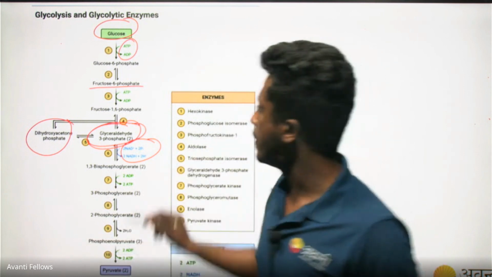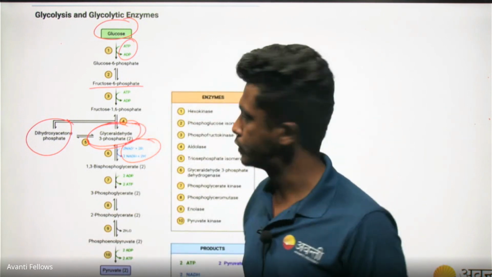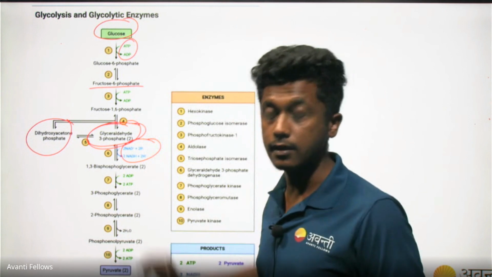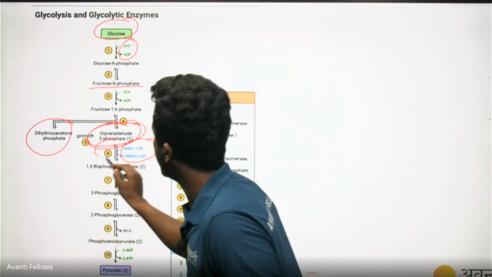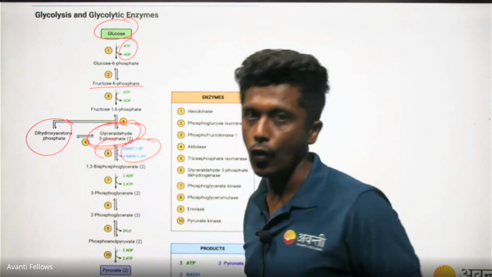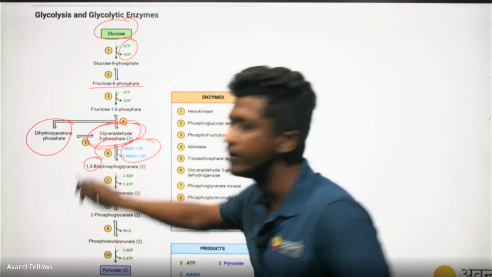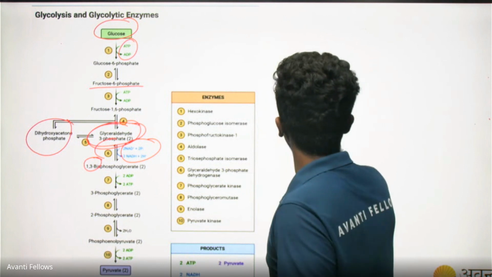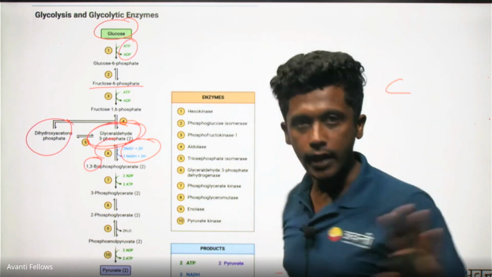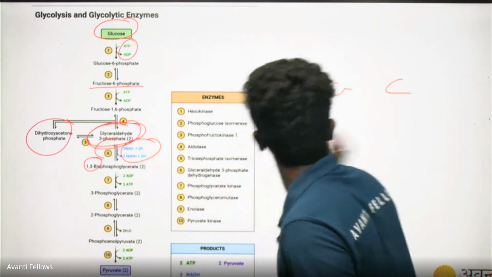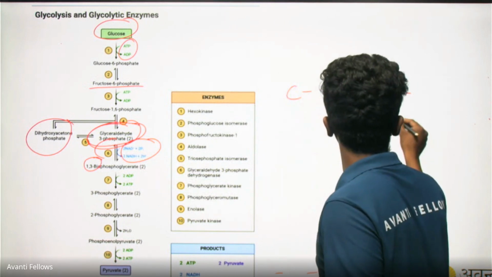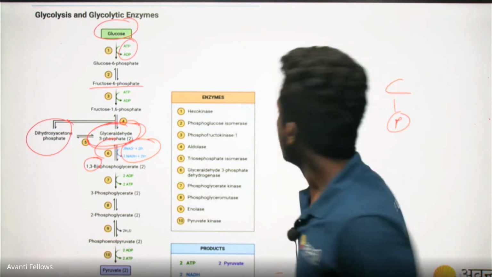So now I have glyceraldehyde 3 phosphate, which is converted into 1,3 bisphosphoglycerate. When I say 1,3 bisphosphoglycerate, you already have an idea. Before, I had a 3 carbon glyceraldehyde 3 phosphate. At the third position, there was a phosphate molecule. Correct?